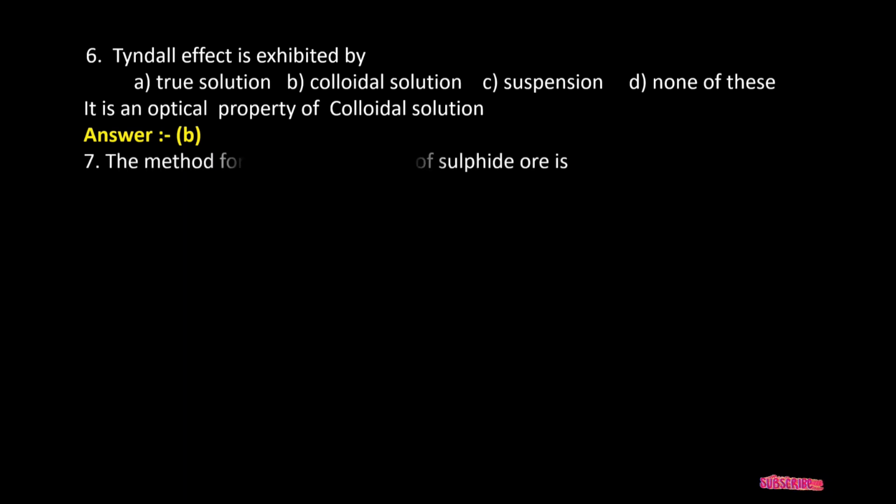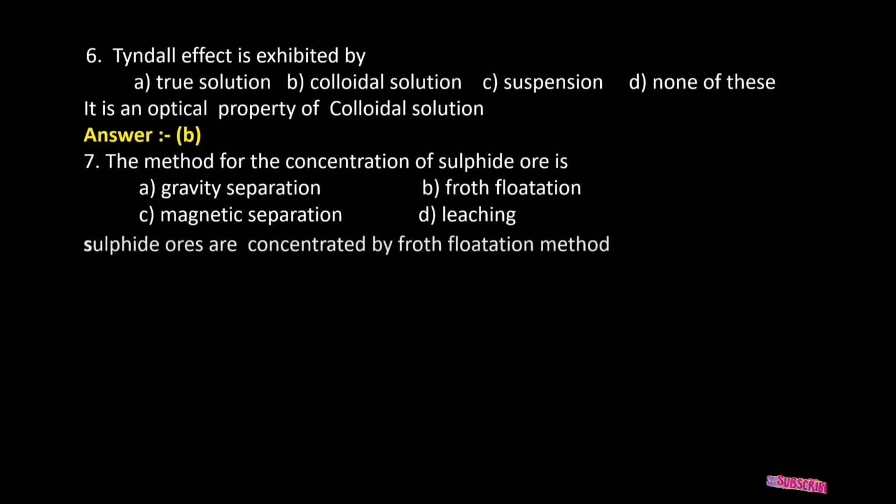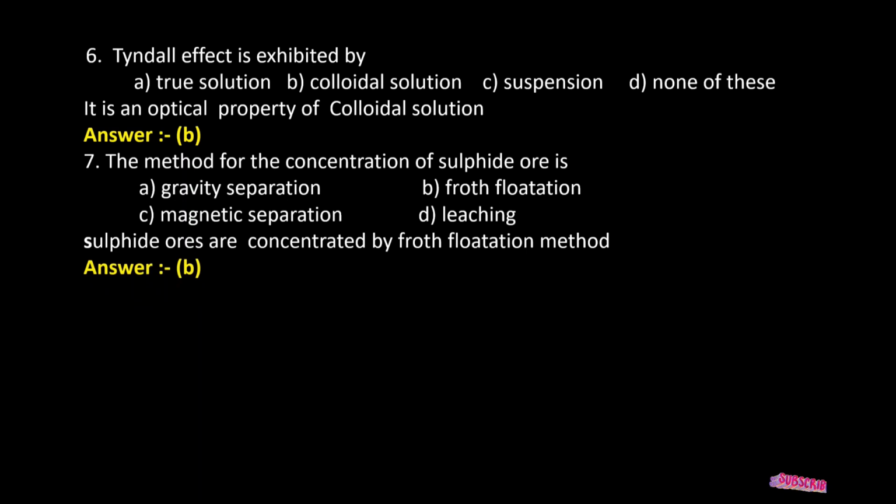Okay, now let us take question number 7. The method for the concentration of sulfide ore is A. Gravity separation, B. Froth flotation, C. Magnetic separation, D. Leaching. Dear friends, the sulfide ores are concentrated by froth flotation. Therefore, the correct option is B. Usually, gravity separation is employed when there is a difference in the density of the ore material and gangue material.